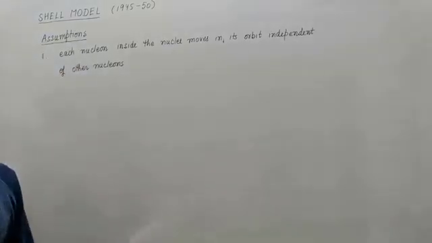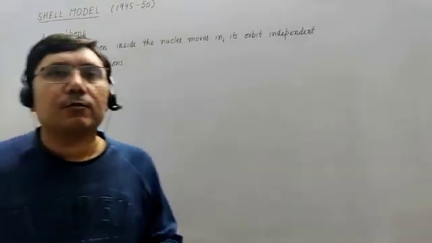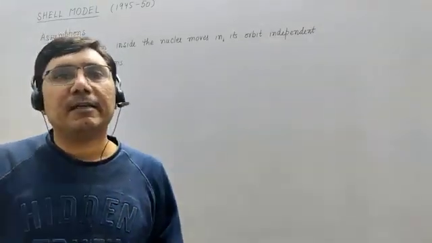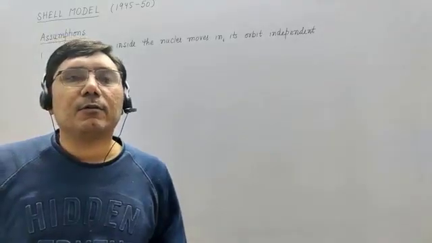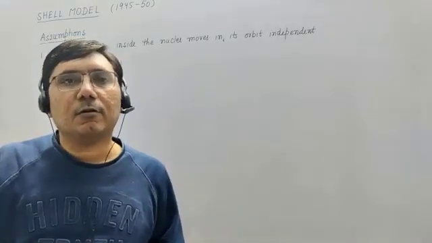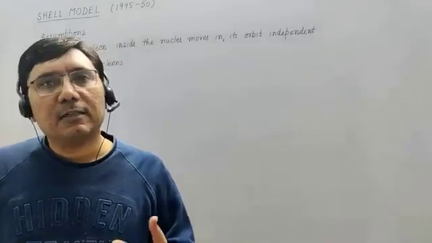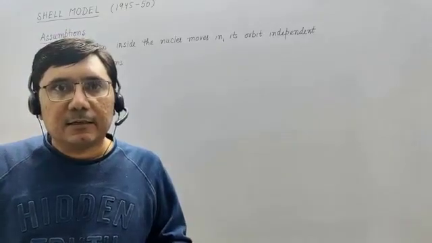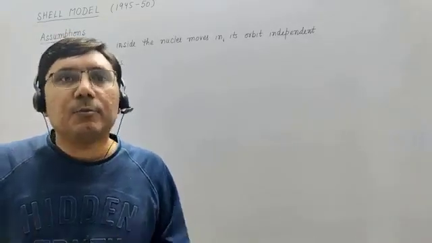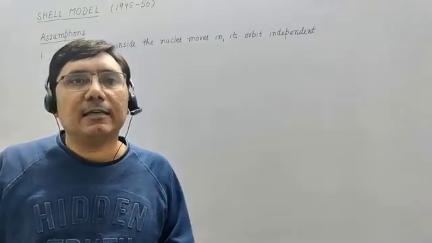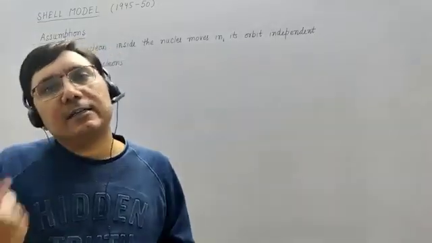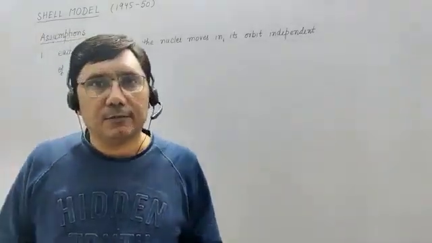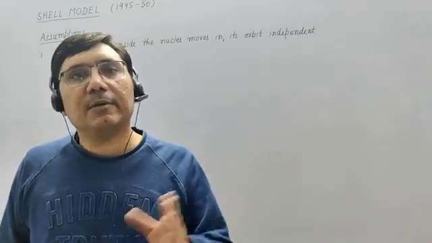Why did they make this type of assumption? Because inside the nuclei we have many neutrons as well as many protons, so this is a many particle system, and if you want to write down the Schrodinger equation and solve it to find the energy eigenvalues, it will be very difficult. So they made the picture simple by assuming that inside the nuclei, every nucleon, either proton or neutron, is moving independent of other nucleons.